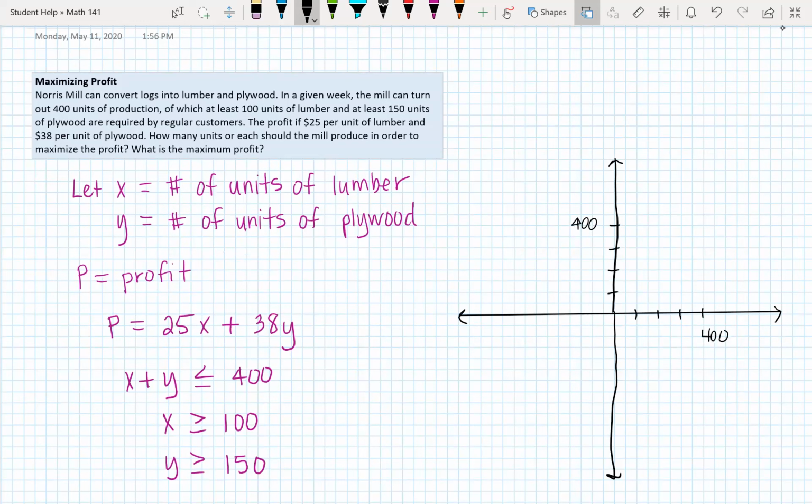All right, so for our first equation, we're going to have X plus Y equals 400. The two intercepts are going to be 400, right? So we'll graph that line here.